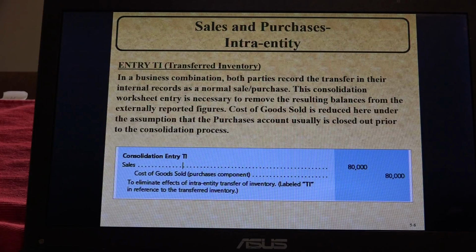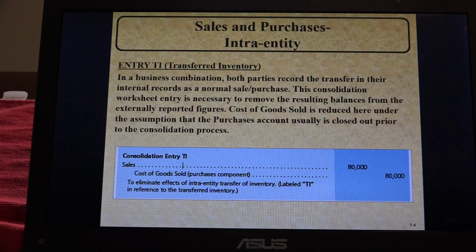And so the sale, which would normally be a credit, right, is going to be reduced. The sales account is going to be reduced by the amount of intra-entity sales, which are $80,000 for the year, and so they debit sales to reduce it.